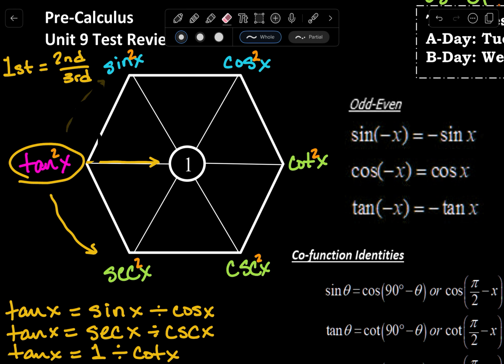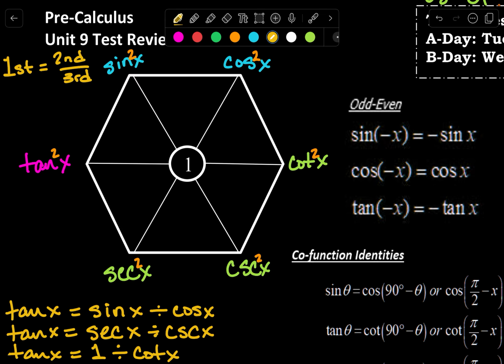Another thing we could do using this is when they're squared, we can use the Pythagorean sevens. Anywhere that you could make the number 7 inside of this hexagon, which is 3 spots, 1, 2, and 3.